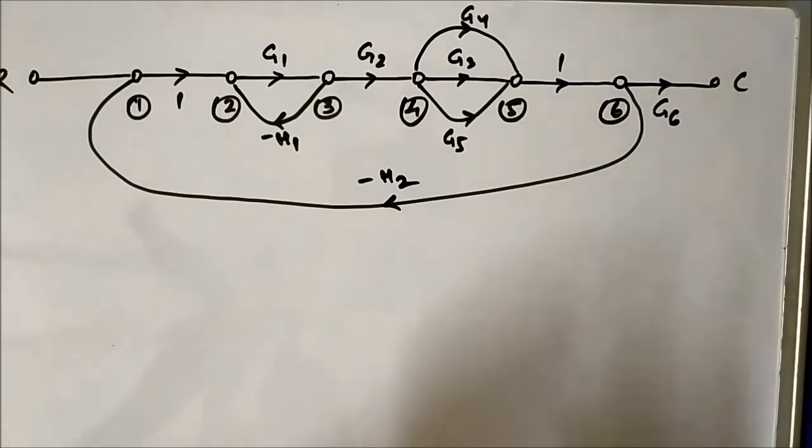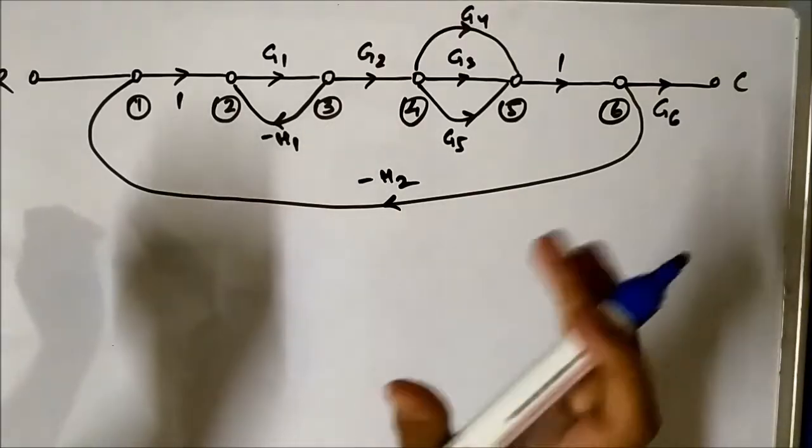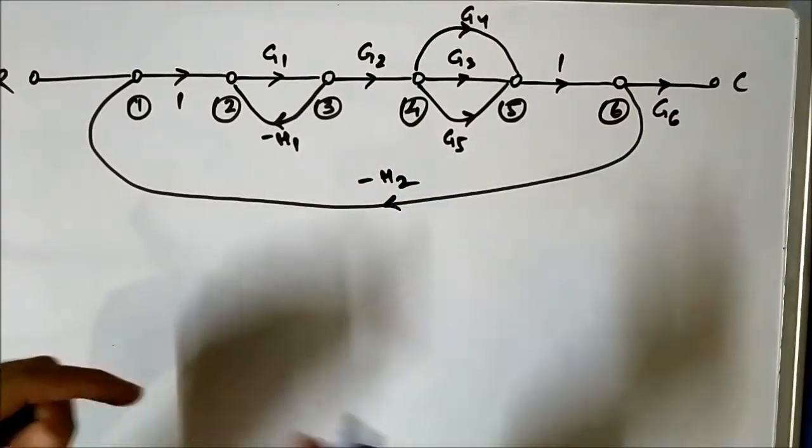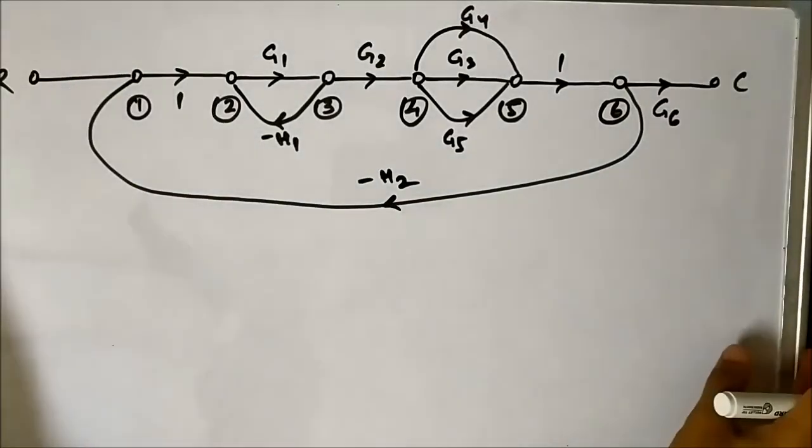Now we have to calculate the transfer function of the signal flow graph using Mason's gain formula.